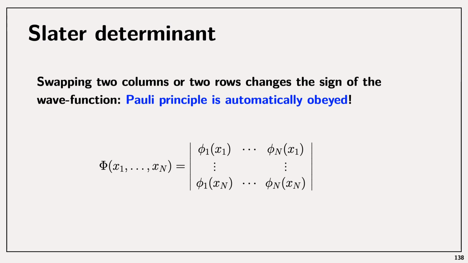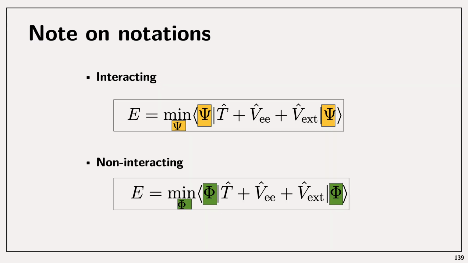Now you may wonder about my notation. For the many-electron solution, I sometimes use psi, like here, or I use phi. If you look at the Hamiltonian, in general, we are looking for a solution which is a phi. You may think it's just a notation. It is a notation, but it's a convention we use. When we allow the solution to be an interacting solution for the wave function, then we use phi.